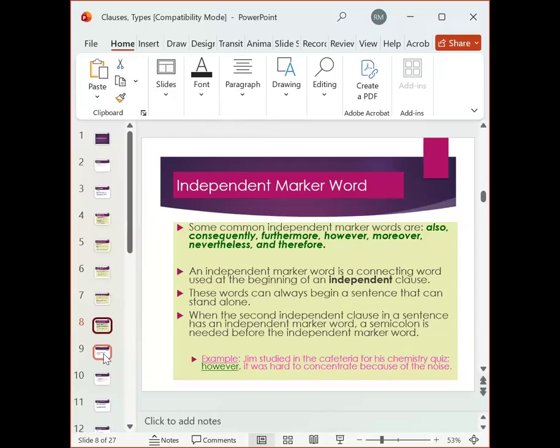The noun clause, is it dependent or independent? I've answered this question already. Okay, so I'll just say, it is dependent.